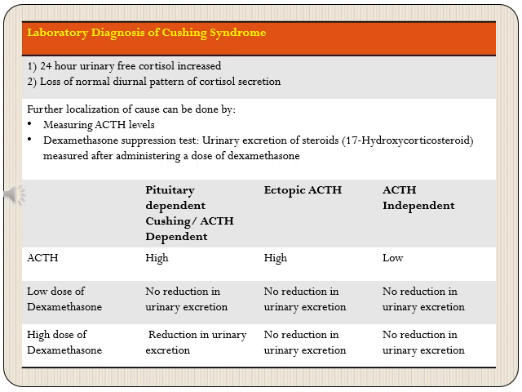Finally, if the tumor is ACTH independent, that is, the cause of Cushing syndrome is located in the adrenal itself, then the levels of ACTH will be low because of feedback by the adrenal, and there will be no reduction in urinary excretion of 17-hydroxycorticosteroids by either low or high dose of dexamethasone. So this is how we can differentiate the origin of Cushing syndrome in a given patient.